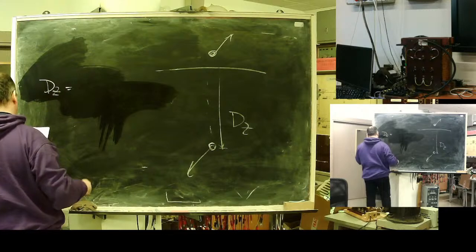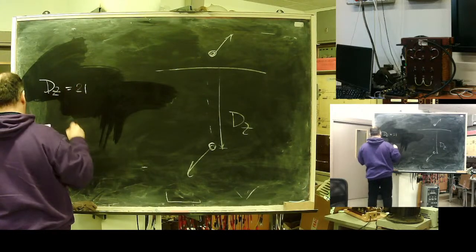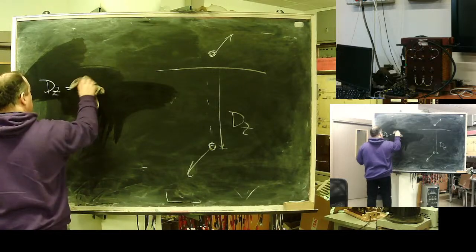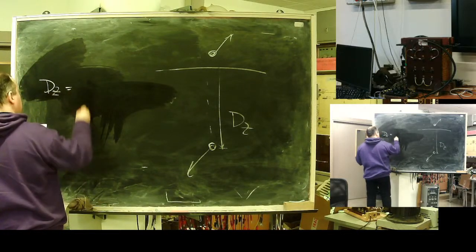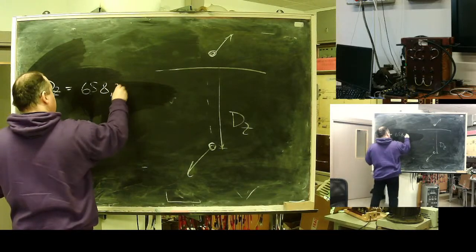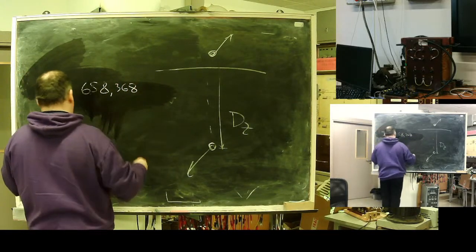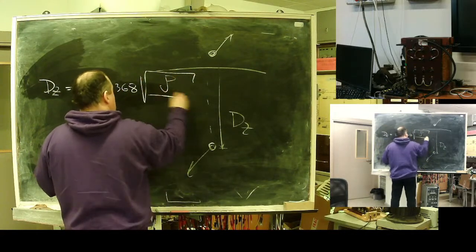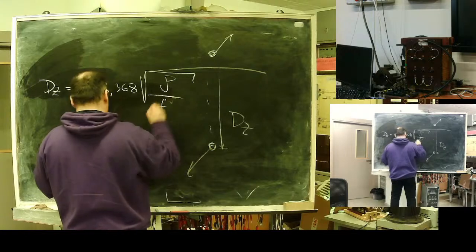Carson's solution, wait, should be 658.368 times the square root of Earth resistivity over frequency.